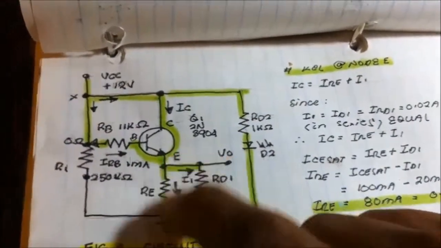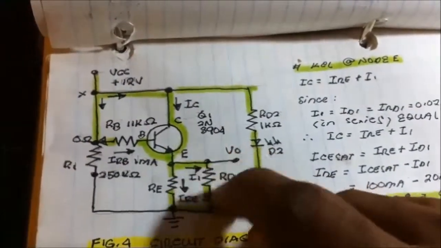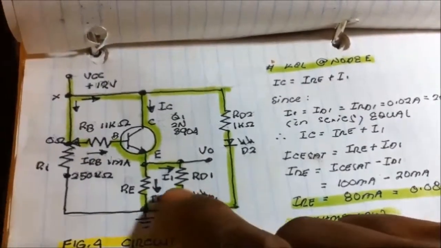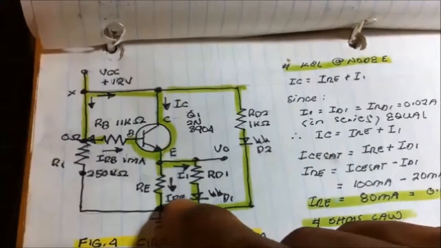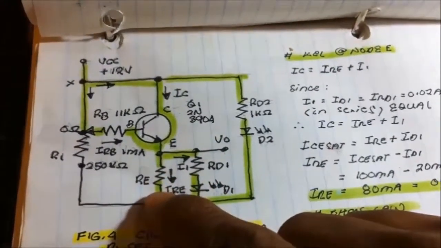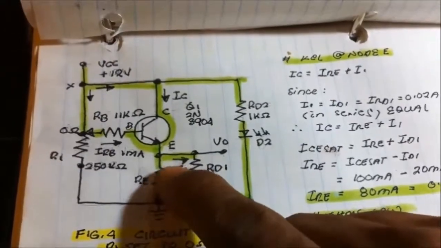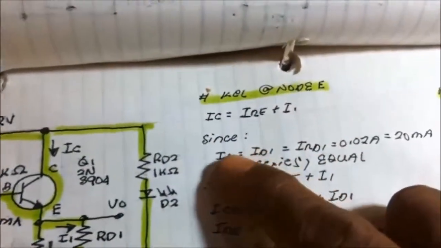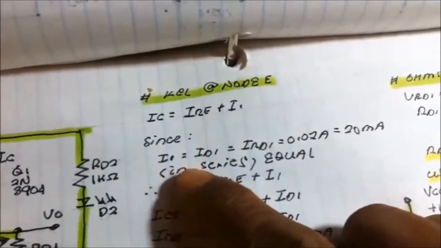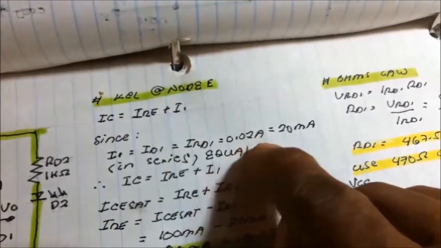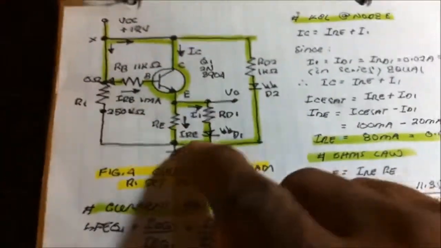So it means when we have a load here, a load of an LED, which has a current of I1, and a current of IRE to the emitter. The current is in parallel, since I1 is equal to ID1, which is 20 milliamperes.